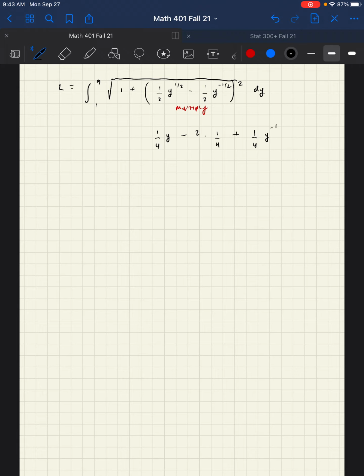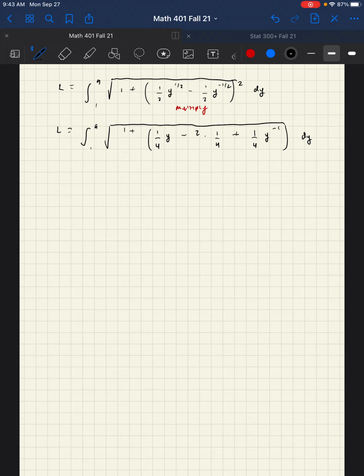Those cancel out. And then the last one is going to be y to the negative 1/2 times y to the negative 1/2, so it's going to be plus 1/4 y to the negative 1. Okay. So that is that expression simplified now that we've squared that binomial.